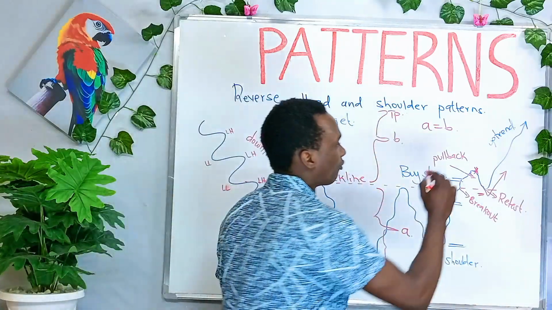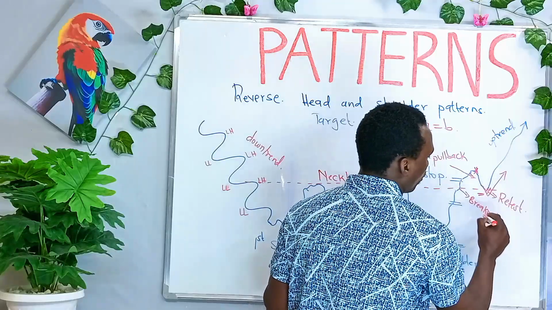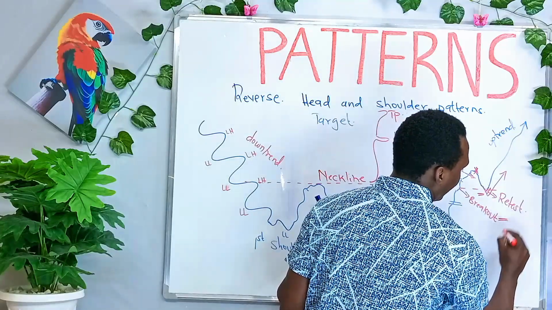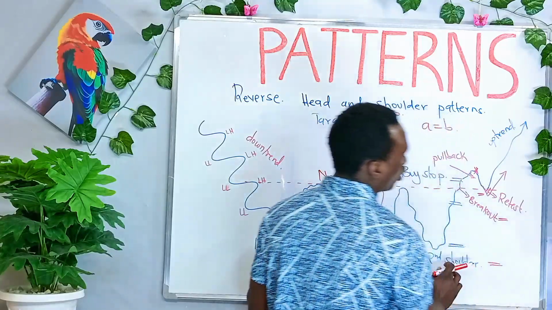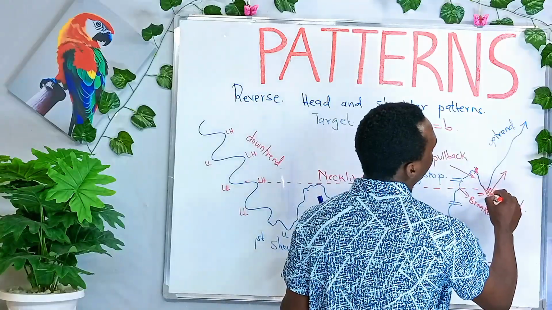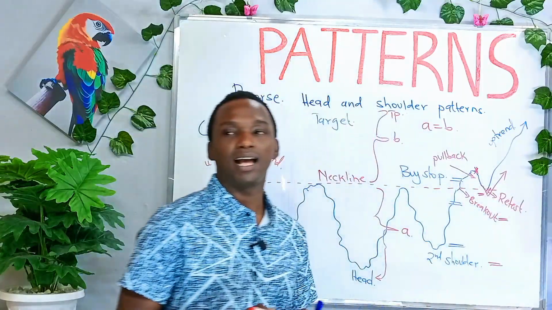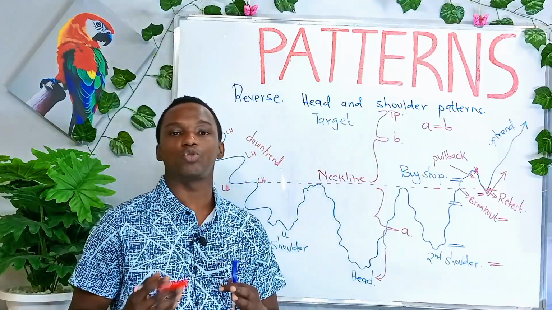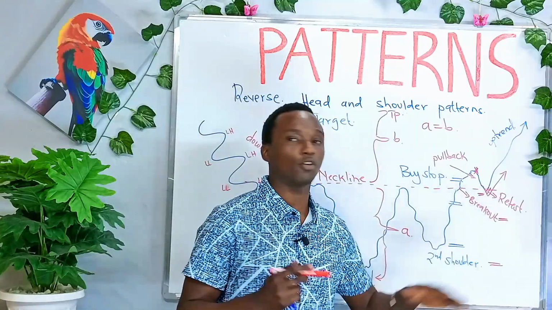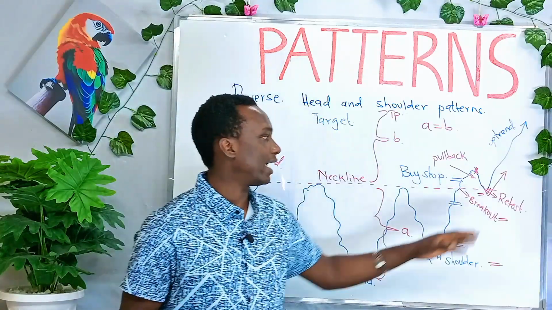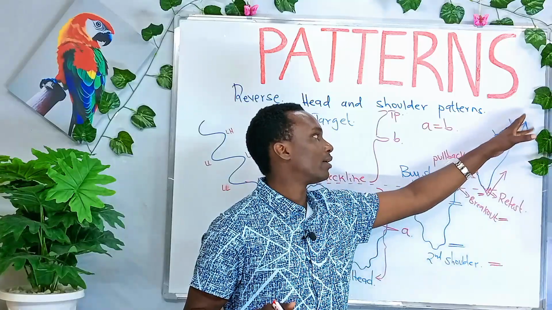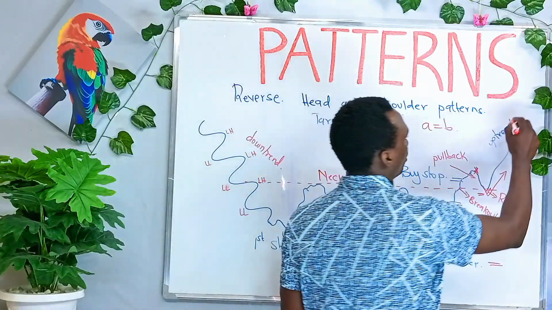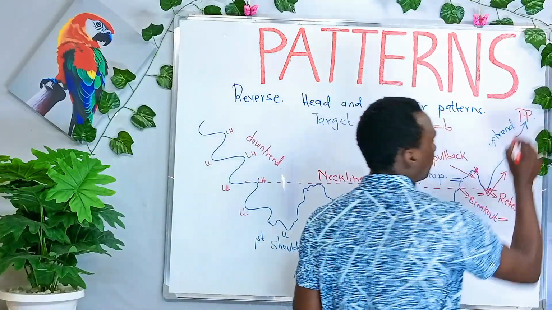But if you wait for this pullback here, you place your stops either here or below this shoulder, there is a likelihood that you are getting a higher risk to reward ratio and your trades will be safe from stop hunts and you will be quick to realize your take profits.